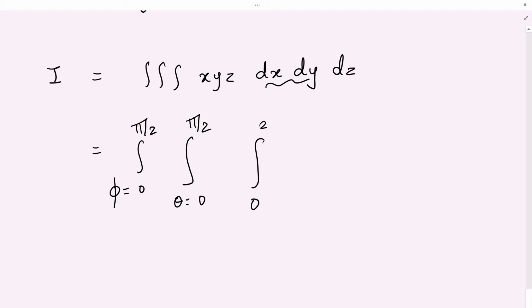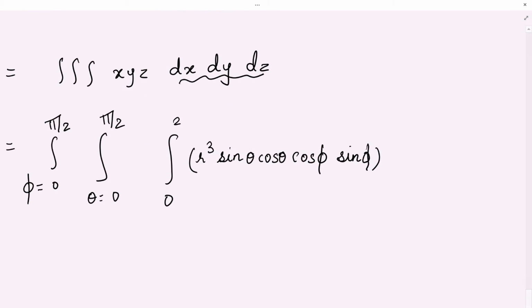So dx dy dz can be written as r square sine theta dr d theta d phi, but we need to substitute the X, Y, Z values that we have written earlier.